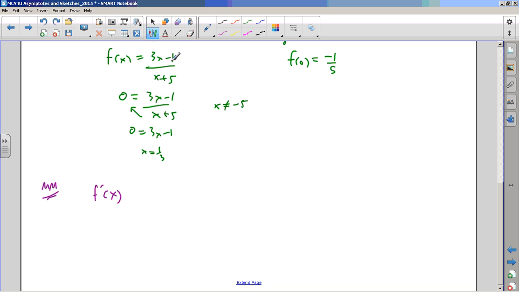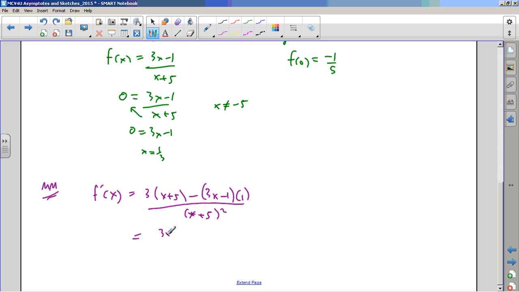There's the function. I'm going to take the derivative using the quotient rule. Derivative of the first thing, write down the bottom, subtract, write down the top, derivative of the bottom, all over the bottom squared, (x plus 5) all squared. Tidy up, collect like terms.